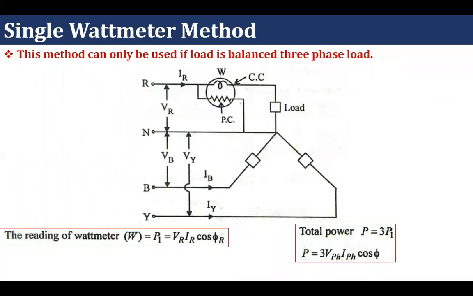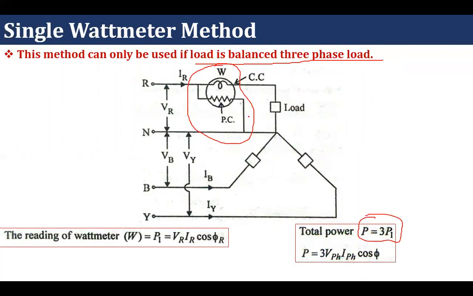In case of single wattmeter method, here we have some restriction, like the load must be balanced in three phase. Then only we can use this method, because one reading we are going to multiply by 3.